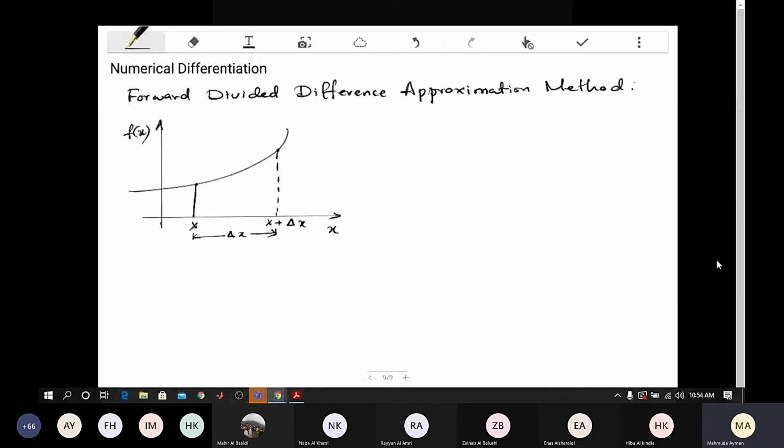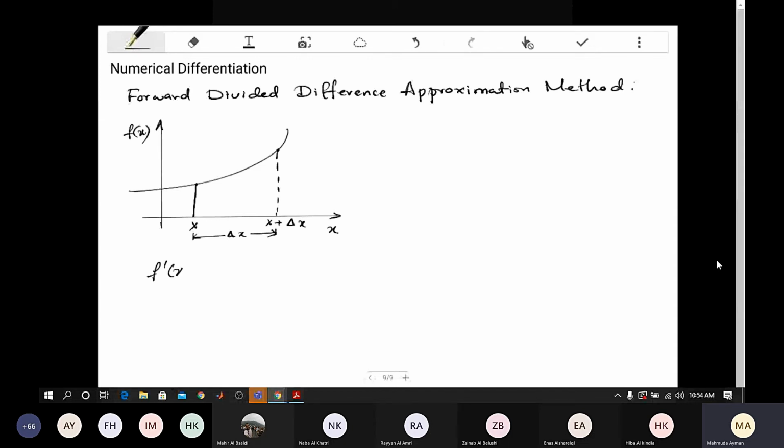And then, again, what we're trying to do here is find the first derivative, or the slope of the function at the point x here. The reason why I'm doing this is because I'm using the definition of f prime x.